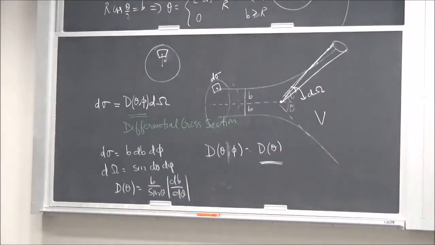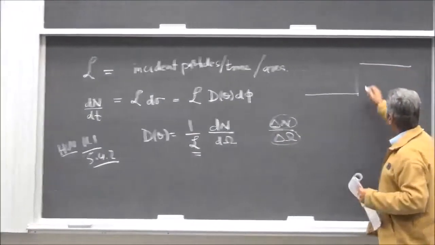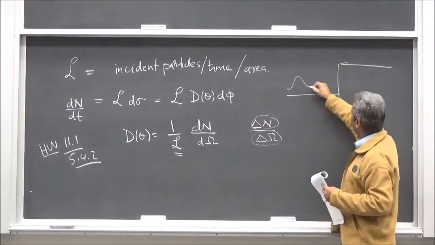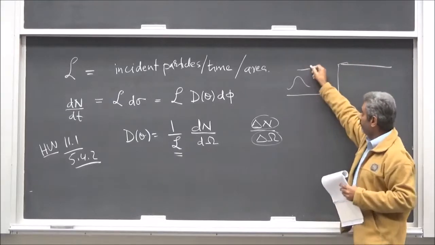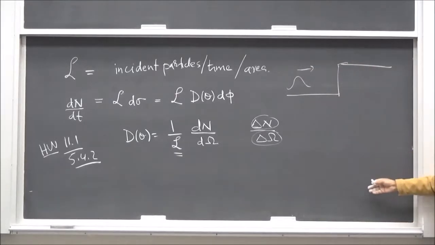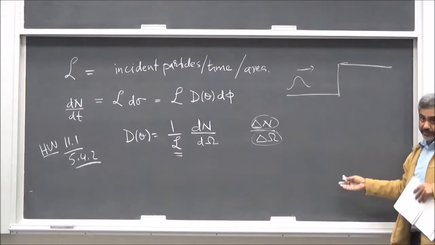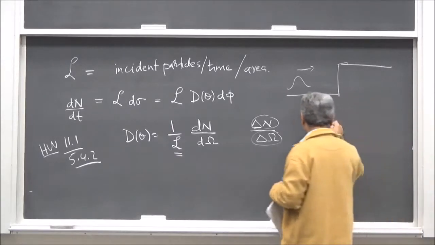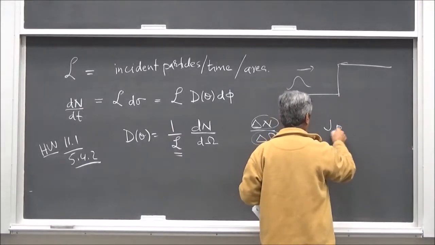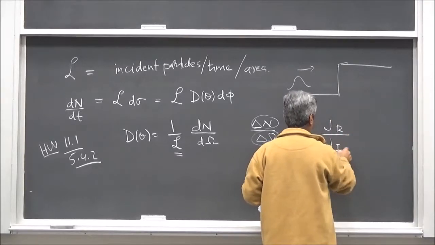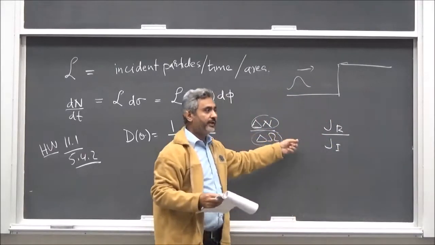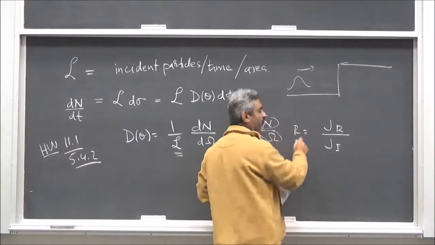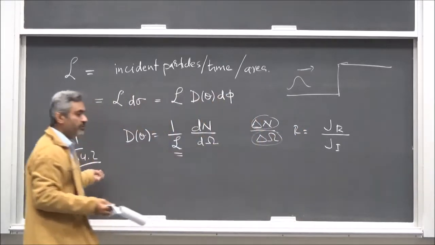How will you go about doing this? You remember that we did one-dimensional scattering, and I started with this wave packet description. We talked at length about it, and in the end we decided that if we just calculate, say, J_R over J_I, instead of doing all of this, we get, for example, the reflection coefficient. This is exactly what I'm going to do here.